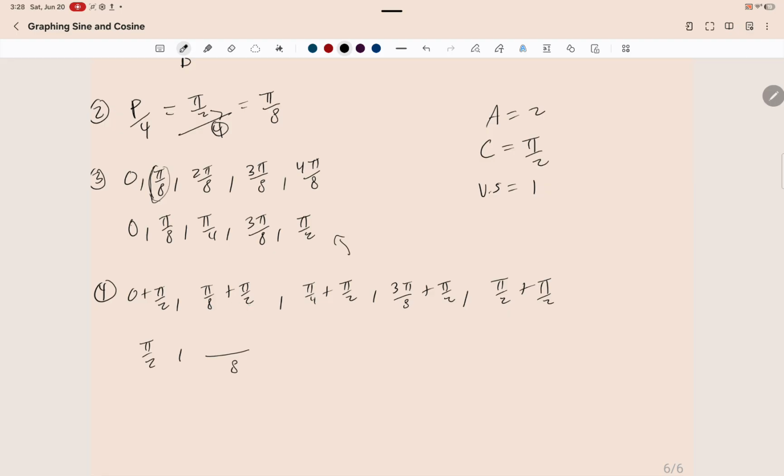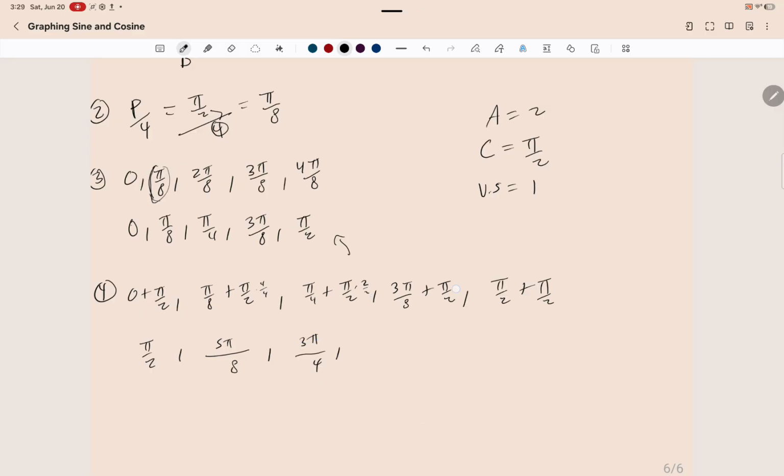So now let's simplify. Remember, this is an 8 and that's a 2, so I need to multiply this top and bottom by 4. So pi plus 4 pi, it's going to give us what? 5 pi. Then for the next one, that's a 4 and that's a 2. I'm going to write 4 at the bottom. So now here, I'll multiply it by 2. So it's going to be 3 pi over 4.